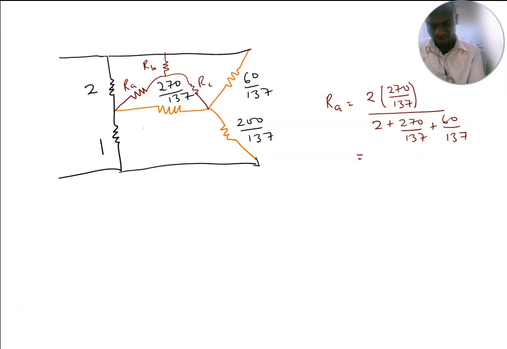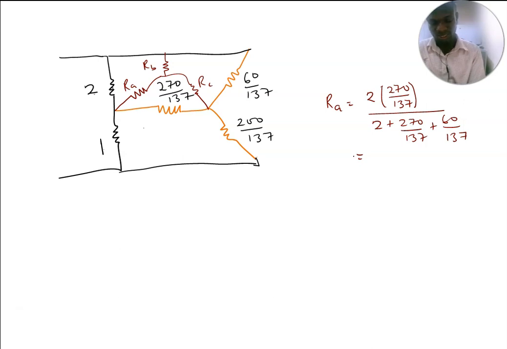So we have 2 multiplied by what? 270 on 137. You can do it along with me.